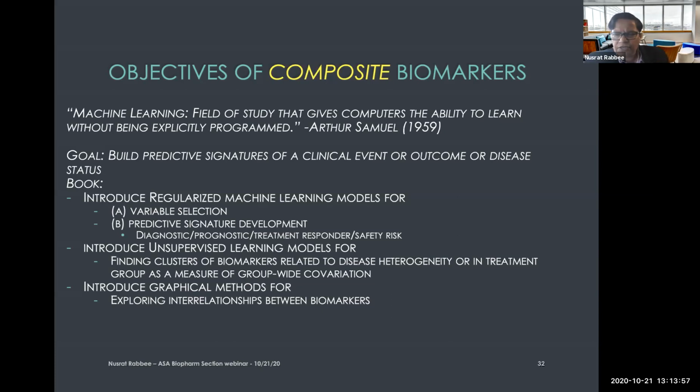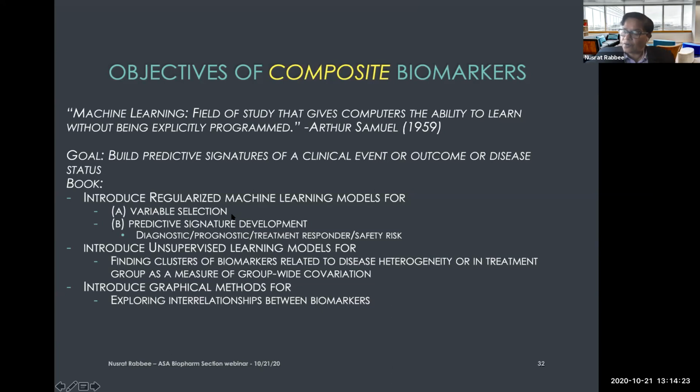It could be the treatment outcome, it could be the disease outcome, in which case you are building a prognostic signature. You could be building a predictive signature or a prognostic signature. You could be making a diagnostic signature, for example, where we're building a model predicting who is going to be amyloid positive, amyloid negative. This is going to be used in the screening phase.